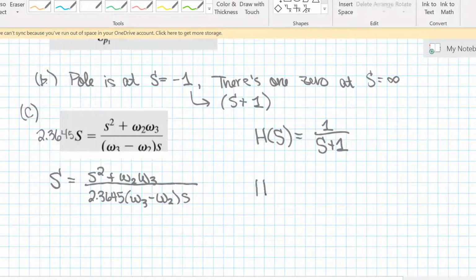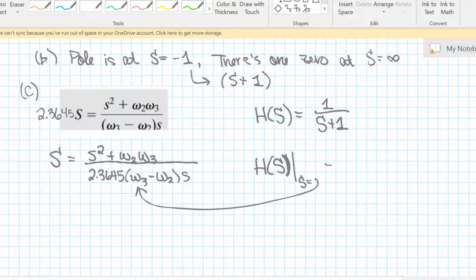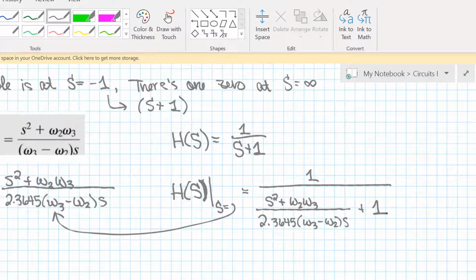So then the frequency transformed function, evaluated at s equals that, is going to give us 1 over that whole expression plus 1. And what I would do is get everything in the denominator to just be one fraction.